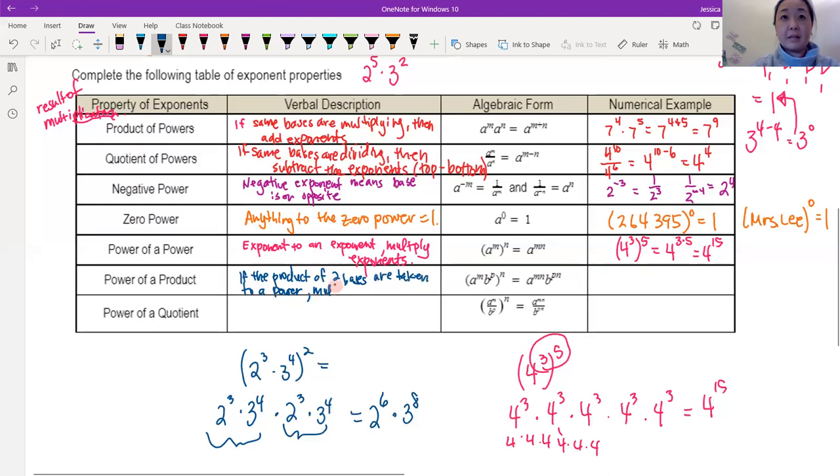We're still multiplying the power with each exponent. I hope you guys can read that. Can you guys read that?